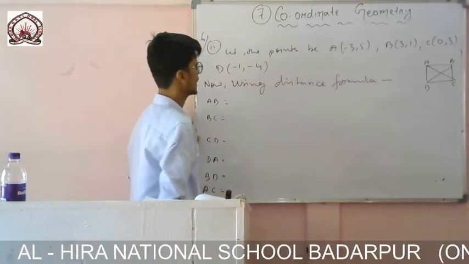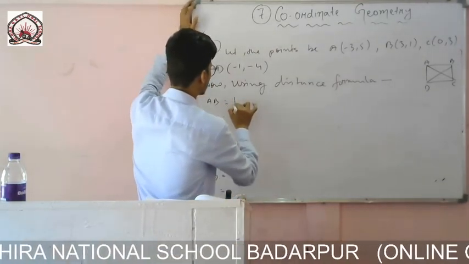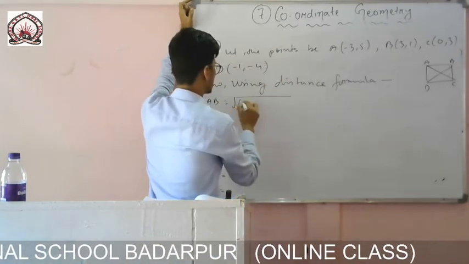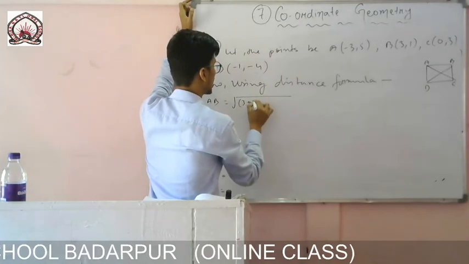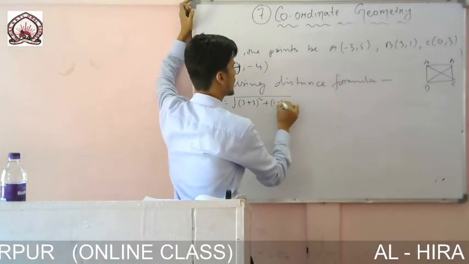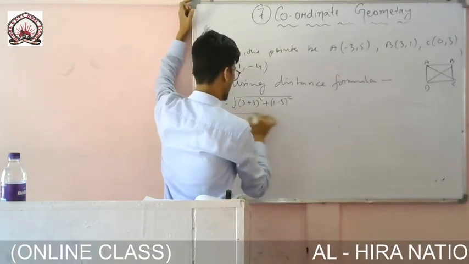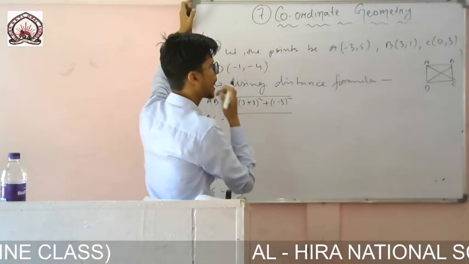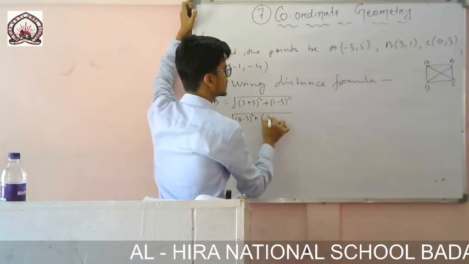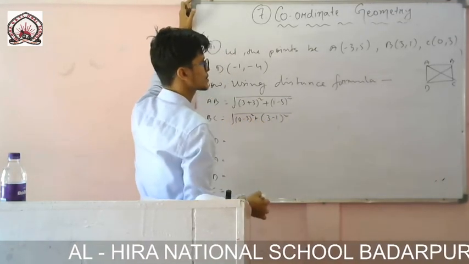So AB, using the distance formula, it will be (3 minus (minus 3)) whole square plus (1 minus 5) whole square. For the next one it will be (0 minus 3) whole square plus (3 minus 1) whole square.